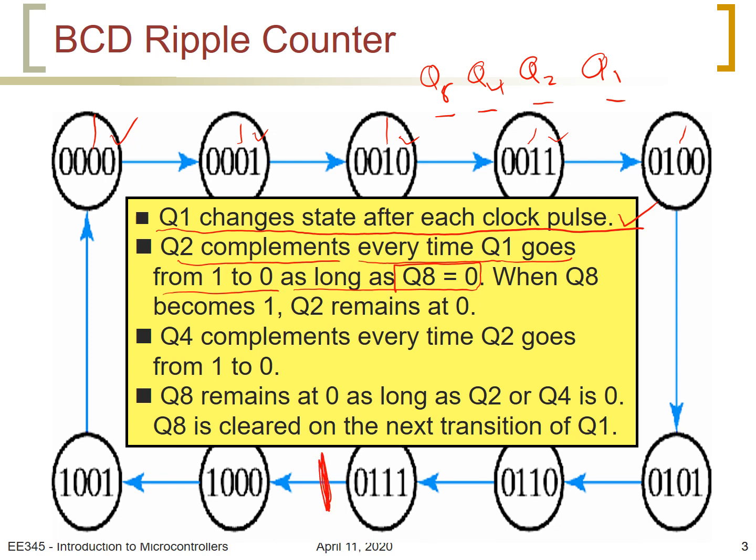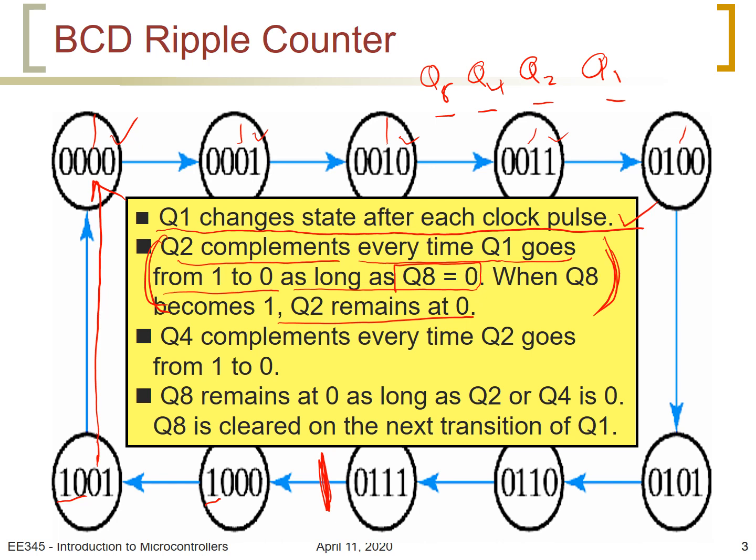And then when Q8 becomes 1, which is this state and this state, Q2 remains at 0, which means this is 0 and it stays 0. This rule is very important to understand in order to be able to build the hardware, because the hardware will depend upon how the different bits change.